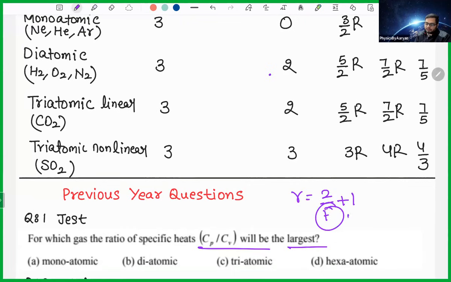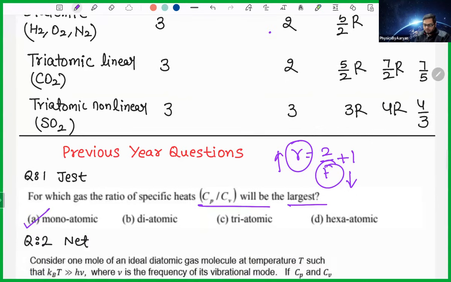So the more the degrees of freedom, the less is the gamma. The fewer the degrees of freedom, the more is gamma. The minimum number of degrees of freedom are in mono. So the maximum gamma will also be in mono.